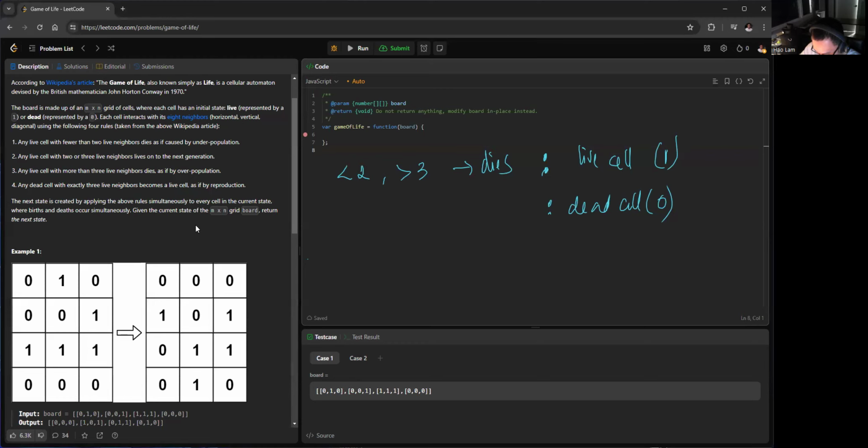So if you look at the 0 here, it has exactly 3 neighbors. Neighbors are considered the live neighbors. You have 3 live neighbors. So we only care about the live neighbors here.